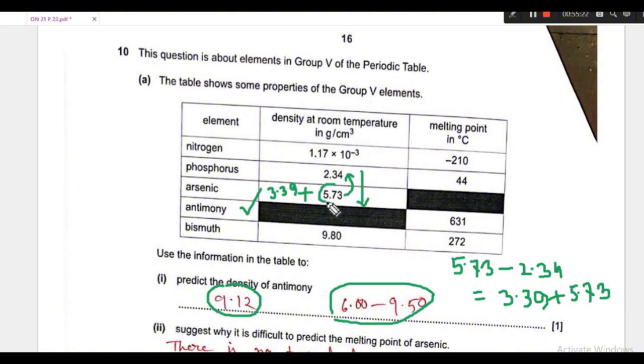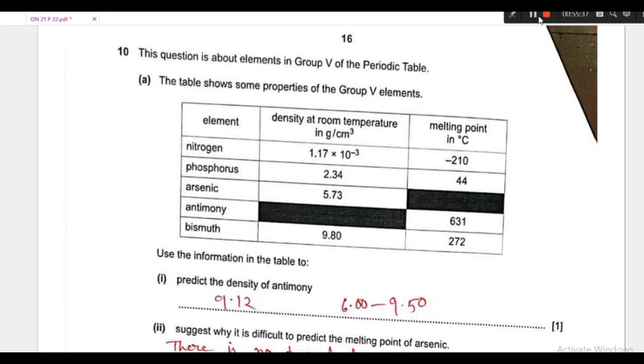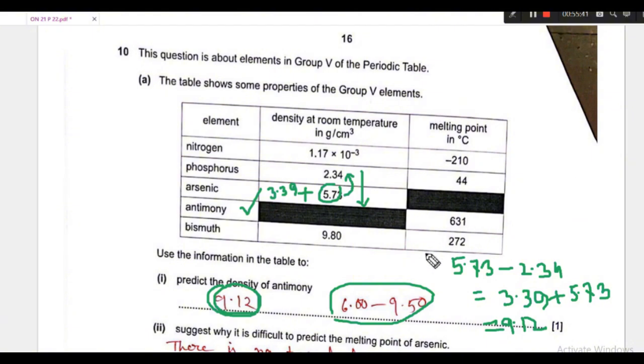If you add this value, you will get 9.12. So this is the answer, 9.12, or any values from 6 to 9.5 you will get the mark.